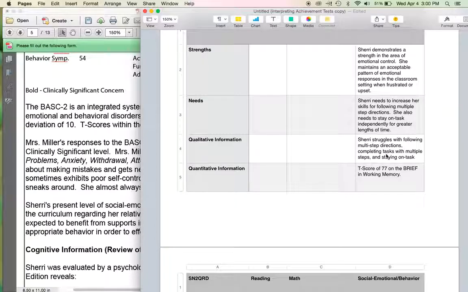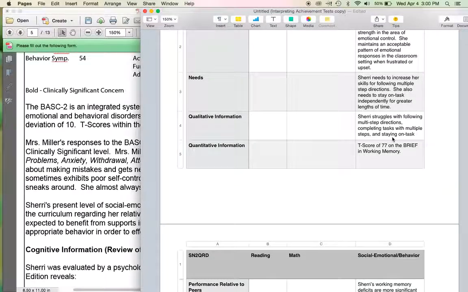From there, I came up here and talked about some qualitative information. This is where you're going to describe the student's struggles or their needs in words. So this is not where we're going to include numbers or facts or figures, but we're just going to talk about maybe the skills that the child struggles with. So I noted that she struggles with multi-step directions, completing steps, tasks with multiple steps, and staying on task.